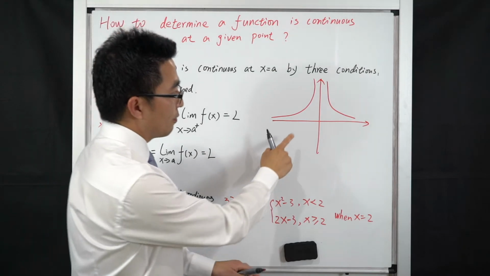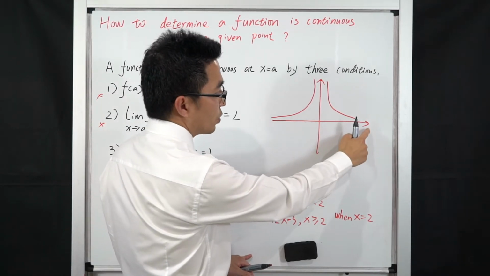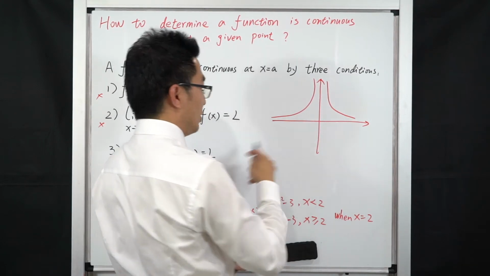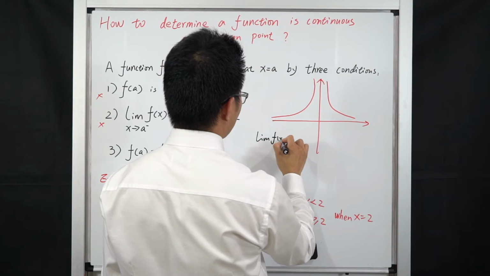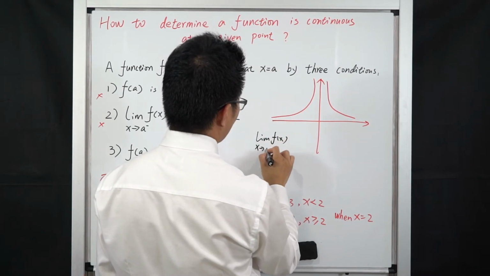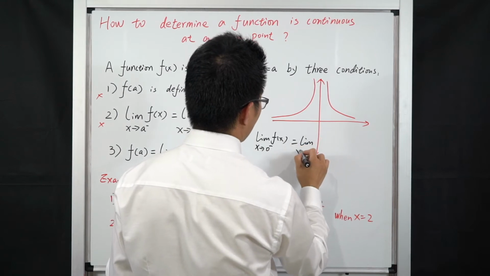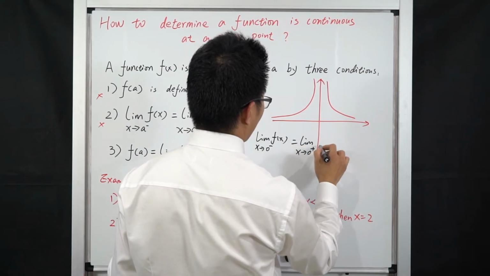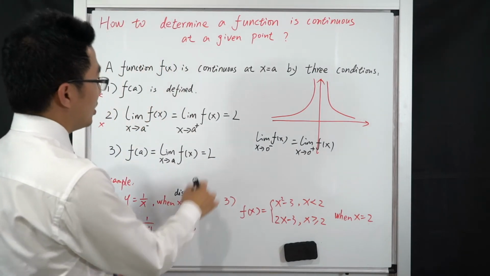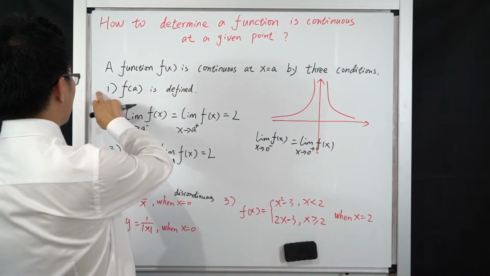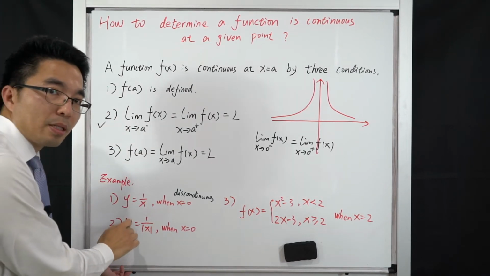The limit of the function when x approaches 0 from the negative side equals the limit when x approaches 0 from the positive side, right? This one meets the second condition.